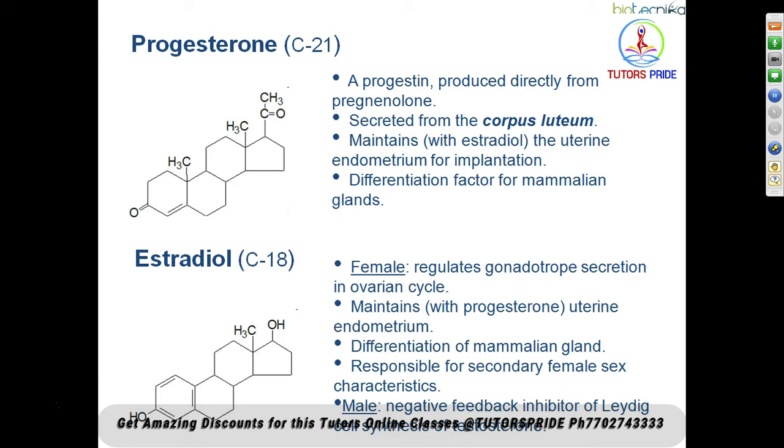Next, another example is estradiol. As I told you, this is a C18 nucleus. Progesterone is a C21 nucleus. You have to remember: progesterone C21 nucleus, estradiol C18 nucleus.